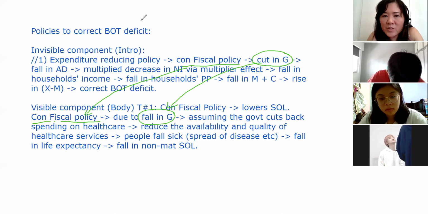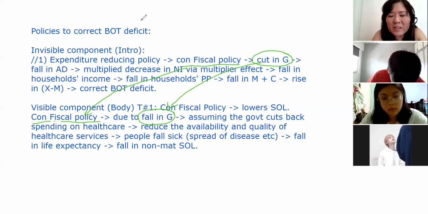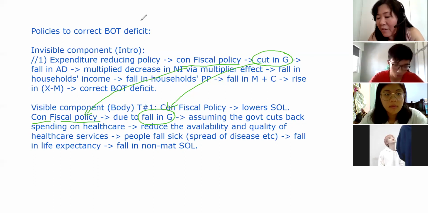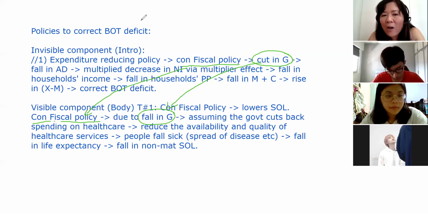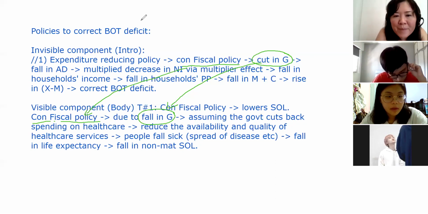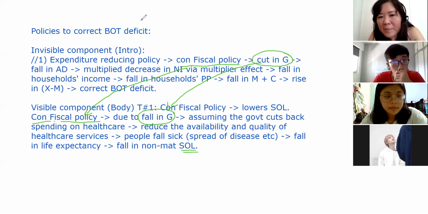Then I made a further assumption, because I have to say how exactly the fall in G, in terms of healthcare, could possibly lead to a fall in life expectancy. And I know this because I have to link it back to standard of living as part of my question requirement. Standard of living can be material or non-material.